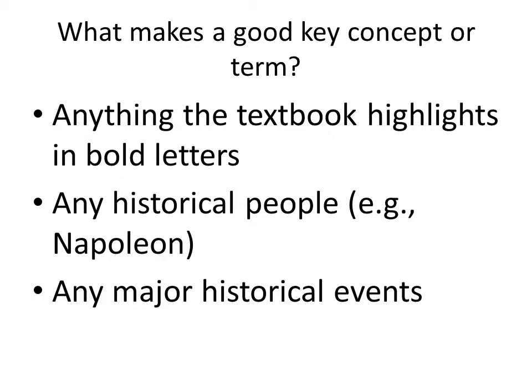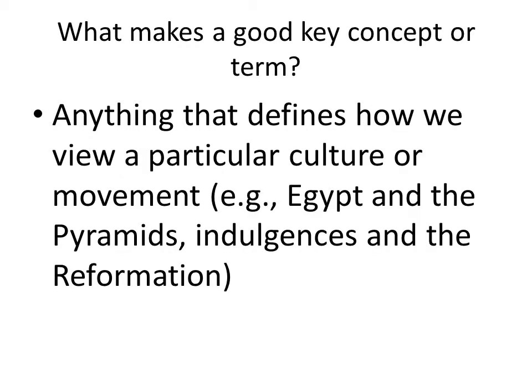Critical people, critical events just had to do with a lot of other stuff. Finally, this is slightly complicated, but anything that defines how we view a particular culture or movement is important to write down. For example, when you learn about Egypt, you leave that automatically associating Egypt with the pyramids.